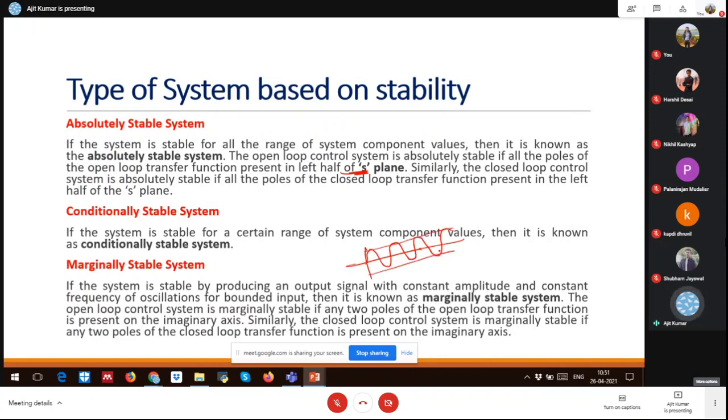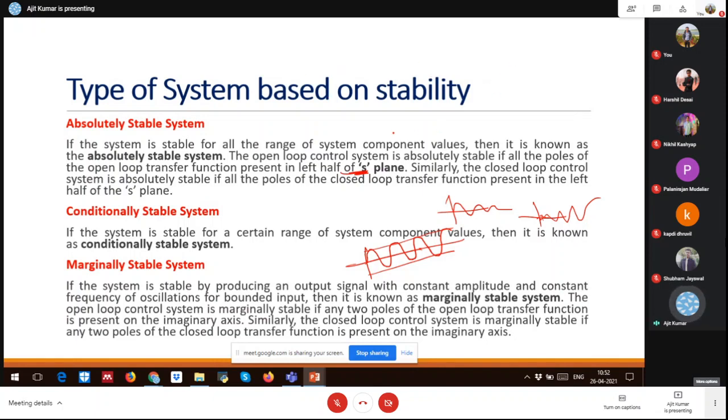It is neither converging nor diverging. A stable system will converge, an unstable system will diverge. But when it maintains constant amplitude and constant frequency, then this kind of system is known as marginally stable. But we can also do some algebraic manipulation to make it a stable system, right? So this is the concept of stability.